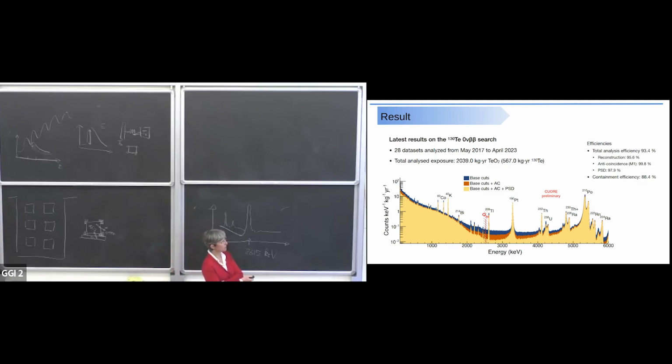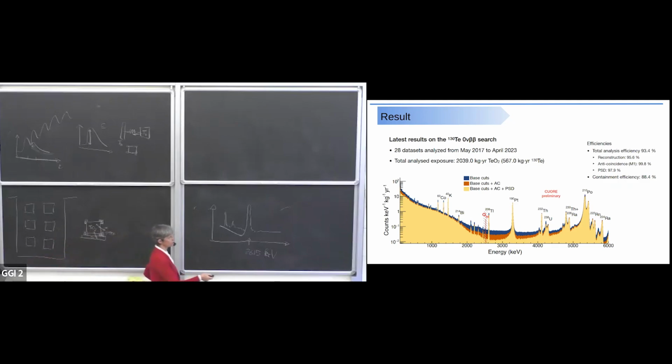So we have base cuts that remove noisy events, like those in which we have, I don't know, an earthquake and so on. Then we operate all the detectors in anti-coincidence. That means we accept only events that produce a single signal in one detector, and all the other crystals are not firing.